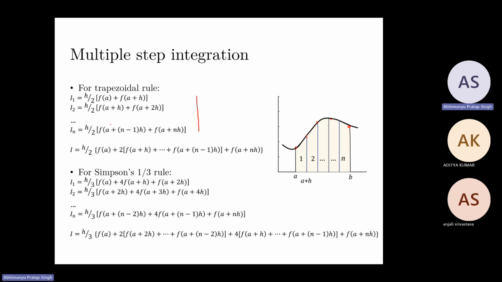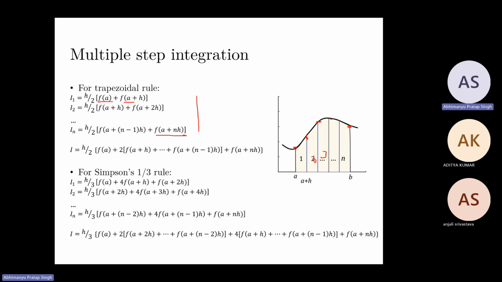So if I try to add all of this together, this first point and this last point only appear once, right? The rest, when I'm calculating this area, this point appears once, then I'm calculating the area of the second region, so this point also appears. Similarly from 2 to 3, this point appears once in the calculation of area 2 and once in the calculation of area 3.